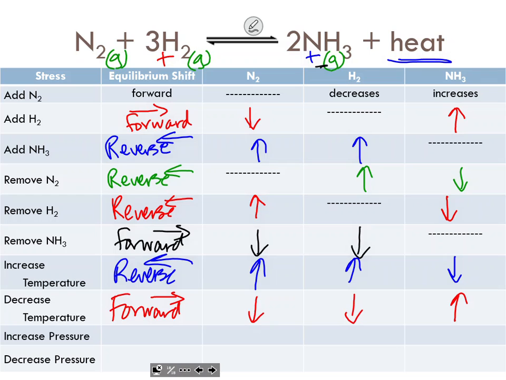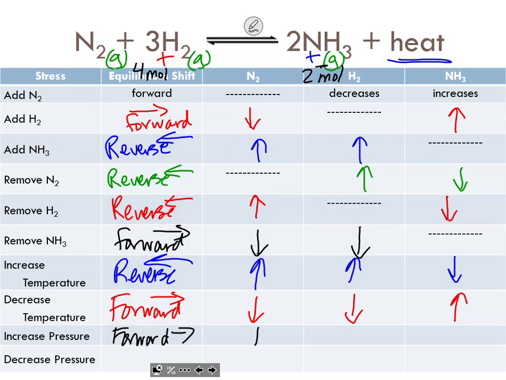Once again, we have 4 moles over here of gas to 2 moles of gas. So increasing pressure shifts to which side? The one with the fewer moles, which happens to be the products. So it's going to shift in the forward direction.